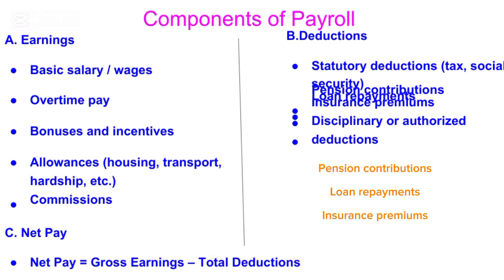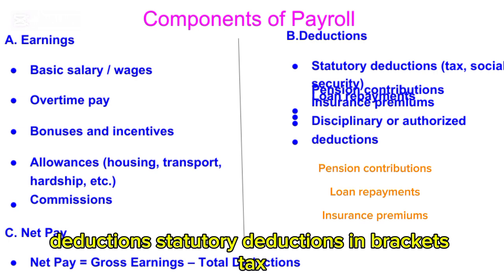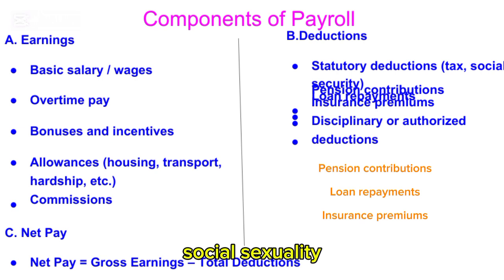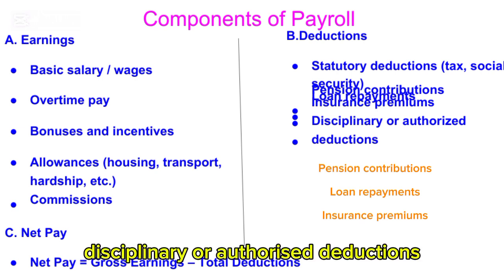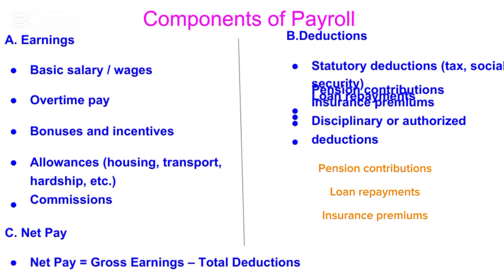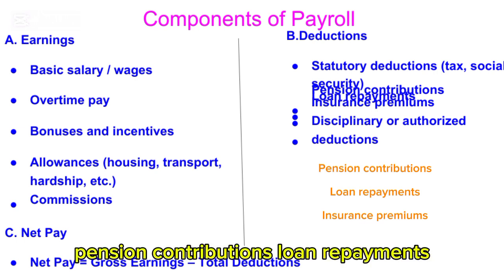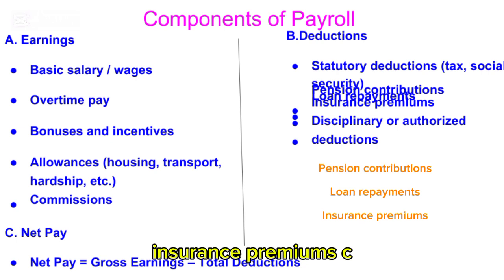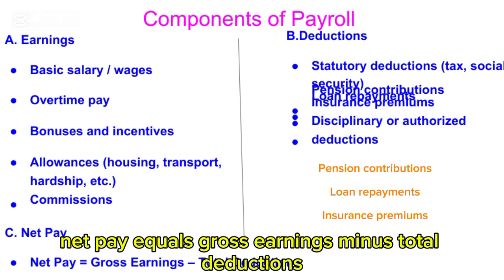B. Deductions: statutory deductions (tax, social security), disciplinary or authorized deductions, pension contributions, loan repayments, insurance premiums. C. Net pay. Net pay equals gross earnings minus total deductions.